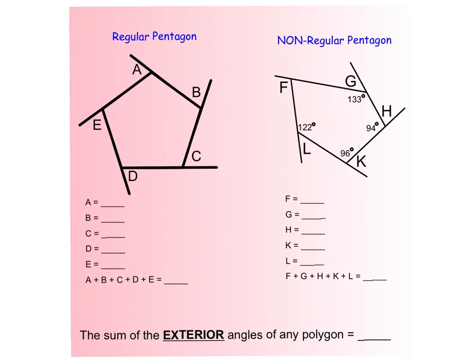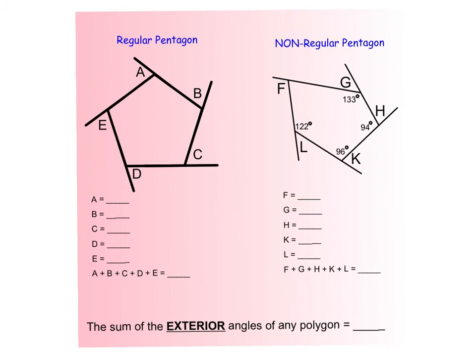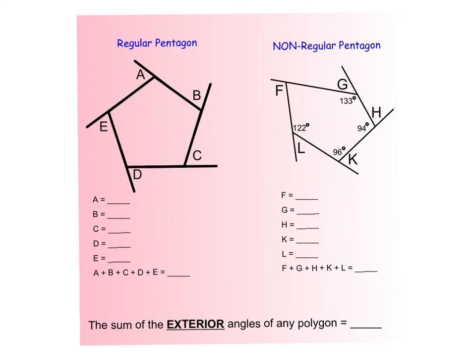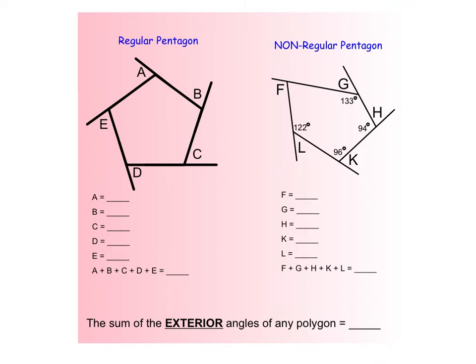Okay, here I've got a regular polygon, specifically a pentagon, and a non-regular pentagon. Now, what we've studied in lessons past is that we can find each of these angles, which will be congruent. Since it is a regular pentagon, we can take n minus 2 times 180 and divide by n.